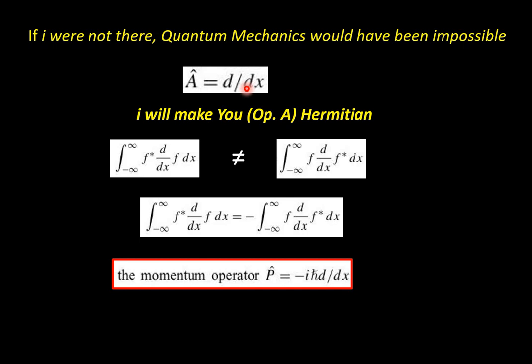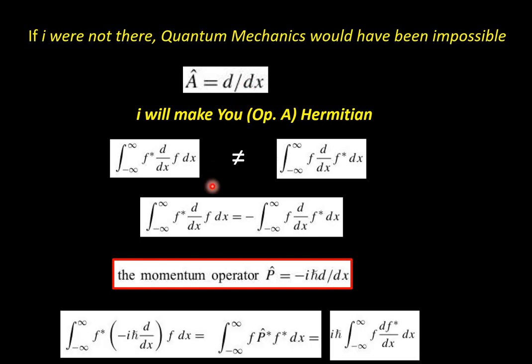It can be shown, in the sense that in that case, ⟨f|P f⟩, again by the turnover rule, f comes here and f star goes there. That means ⟨P f|f⟩ with f star. If these two are the same, then P is Hermitian, and it can be shown that yes, they are the same and equal to this quantity. By integration by parts, it can be shown.